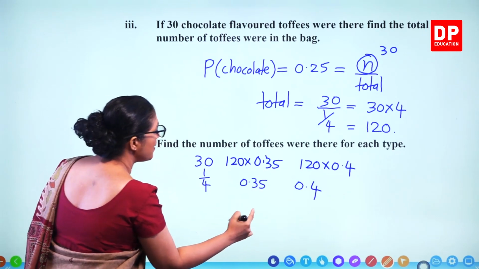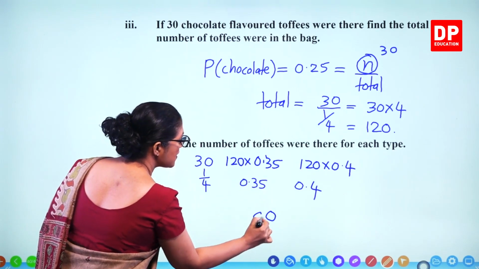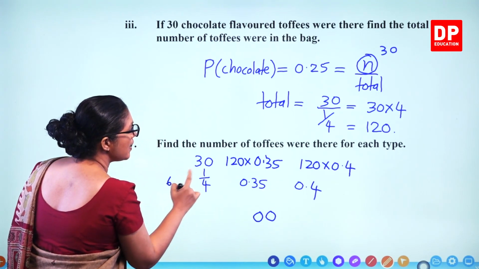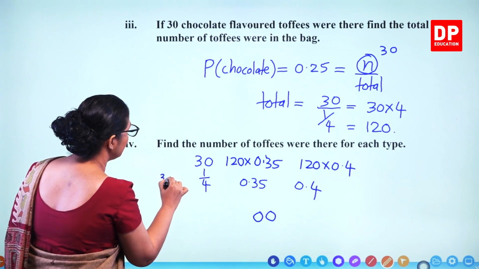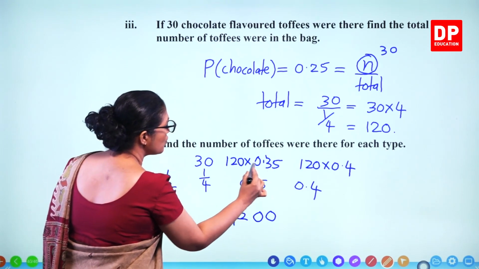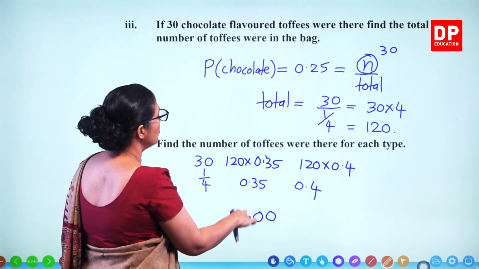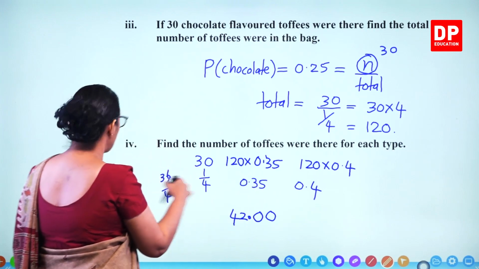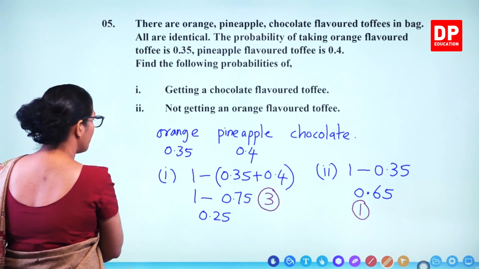So how many are there? 12 times 5, 60. 6 remaining. 12 times 3, 36 plus 6, 42. And 2 zeros. So 42 of 0.35. Orange.